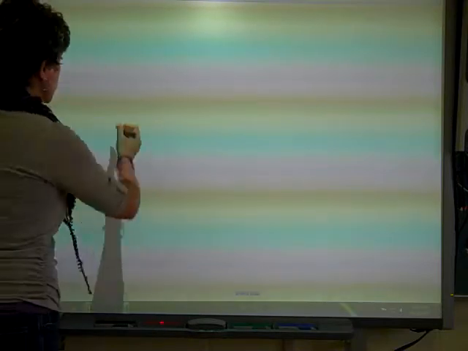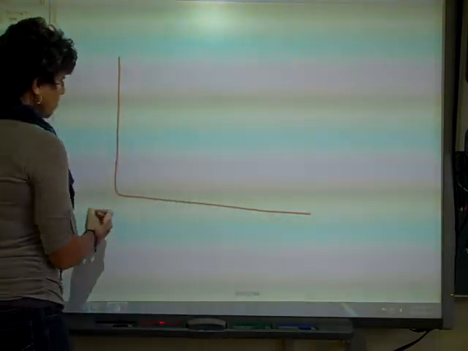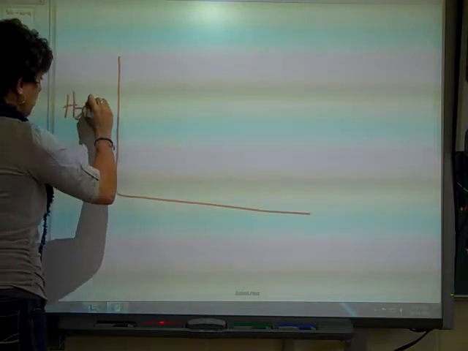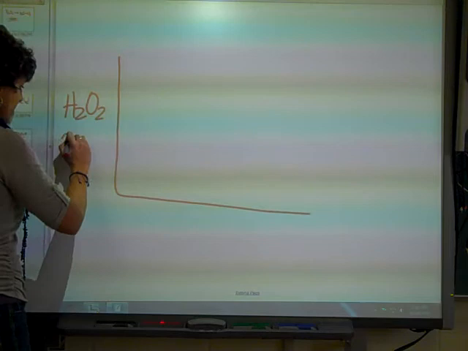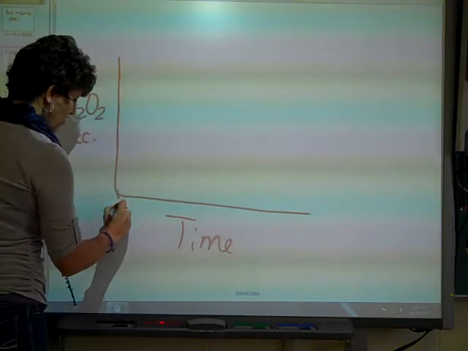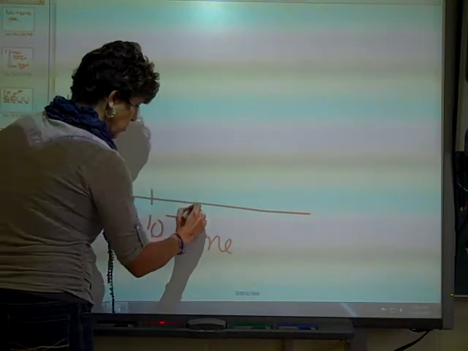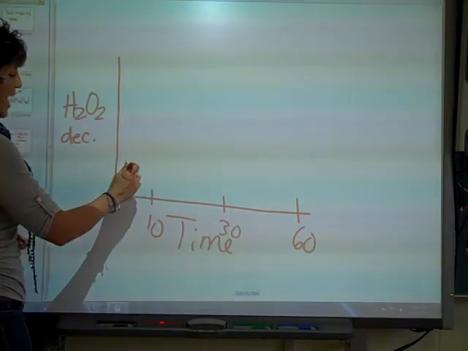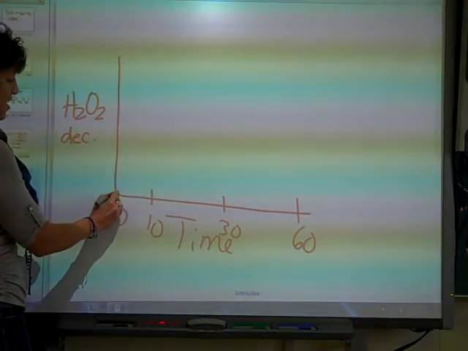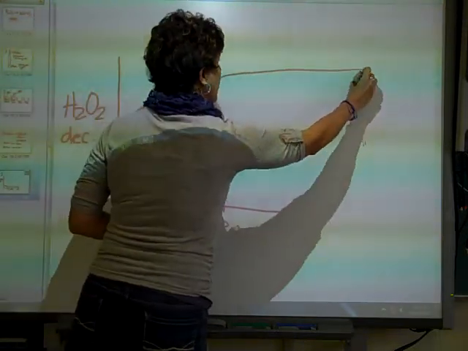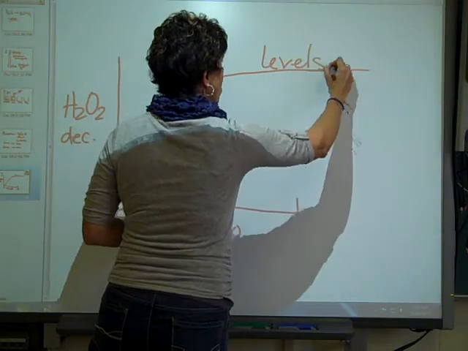Now, there is a maximum rate at which an enzyme can work. So if this is my graph, and I am measuring how much H2O2 is decomposed over time, I can have my 0, my 10, 20, 30, 40, 50, 60 seconds, and I should be able to see, at the beginning I have none decomposed, so I should be able to see my rate go up, but at some point it levels off.